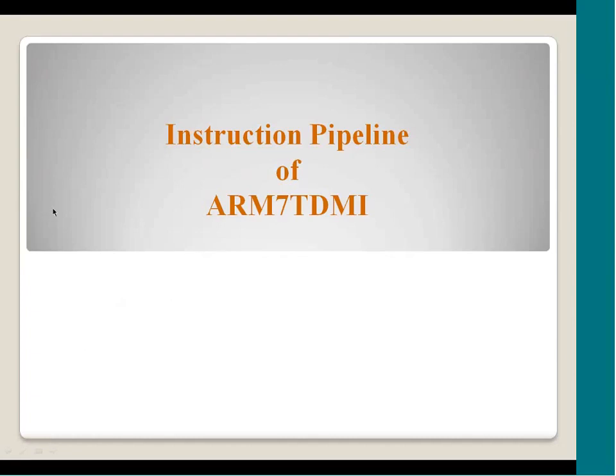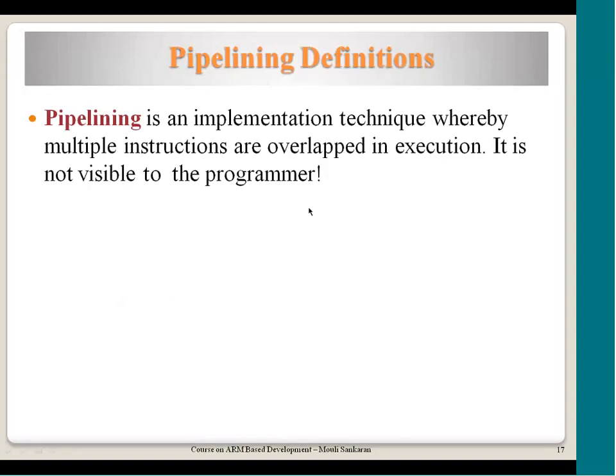Now let me introduce you to the pipeline concept and how it maps onto the data flow that I just explained. First, generic definitions of pipelining. All of you might have heard something about pipelining in your undergrad class, but even if you have not, this will be a good refresher.